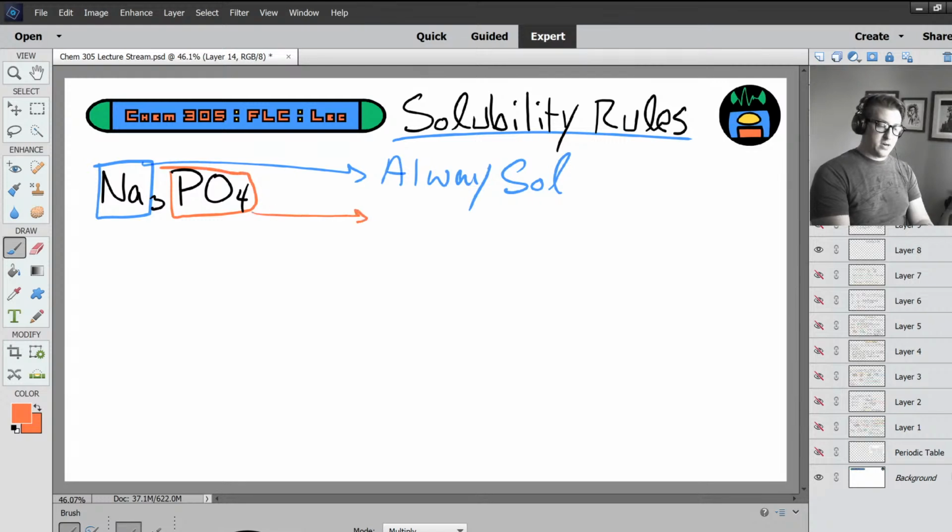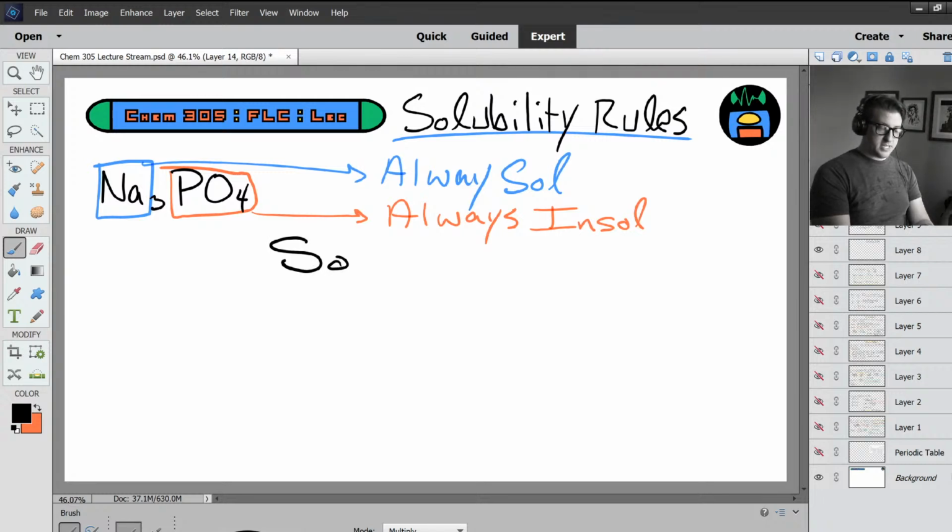It doesn't matter that phosphate is always insoluble. Since sodium is always soluble, it wins. So this compound, sodium phosphate, is soluble in water.